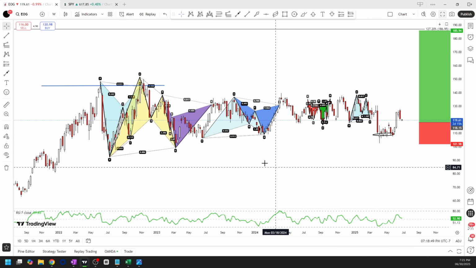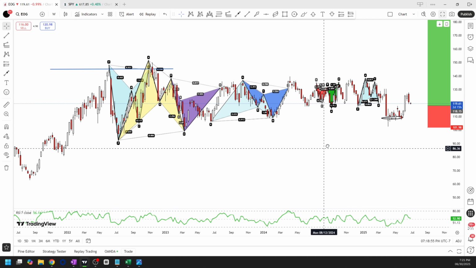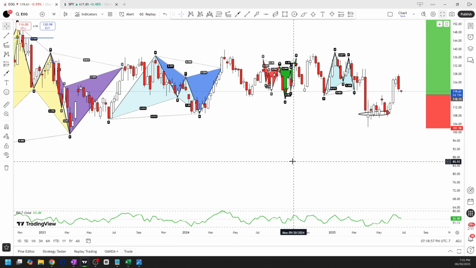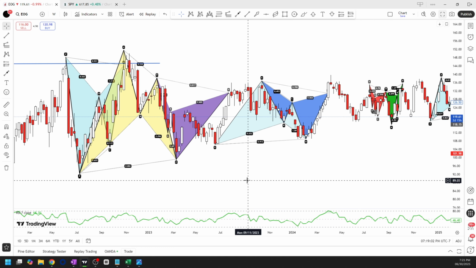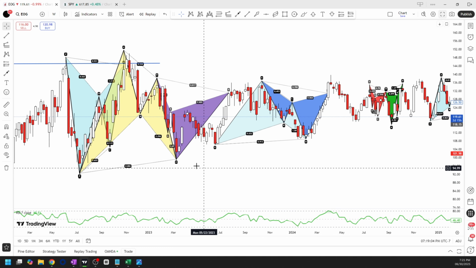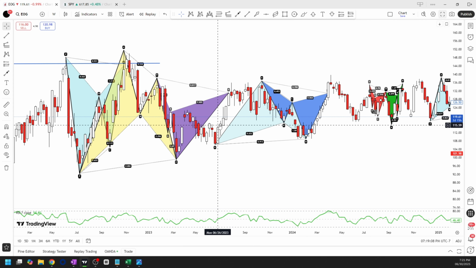If you are into advanced pattern recognition and harmonic patterns, they're here. But at this point, what you're able to do, things are a little bit different. I'll be honest with you. What you're able to do is start to incorporate more confirmation.